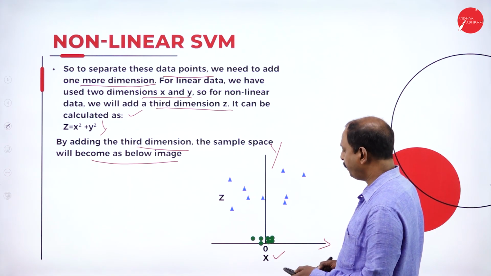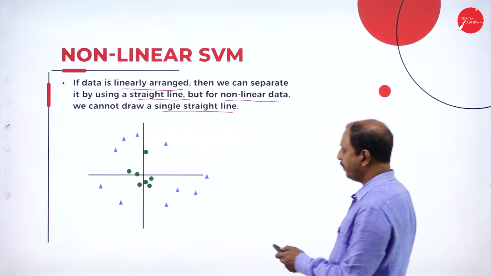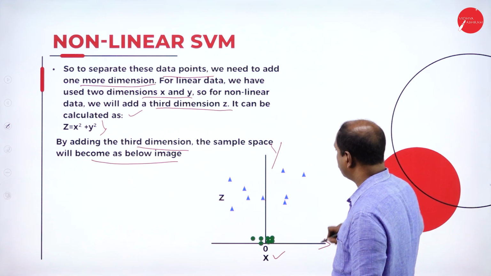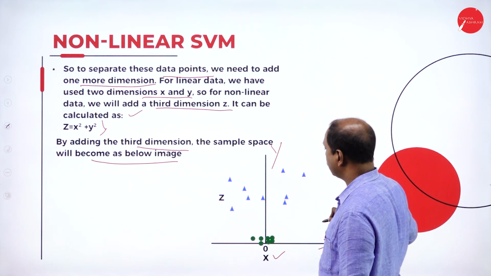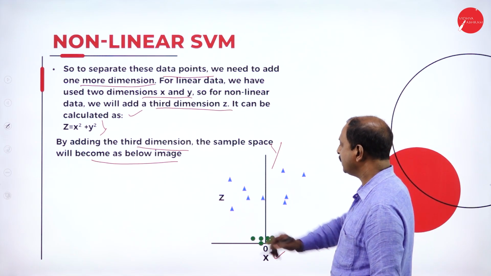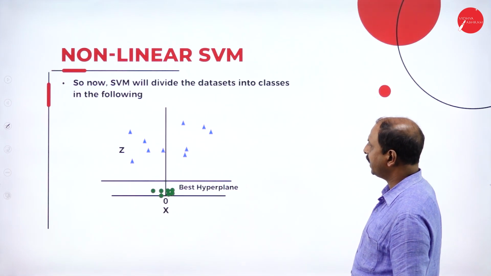Now if we compare this with the previous one, this is with the help of two dimensions. By adding one more dimension to it, it is possible to separate this like this, or we can visualize it in this picture. So this is by adding z, one more new dimension. Now in the next slide we will see.